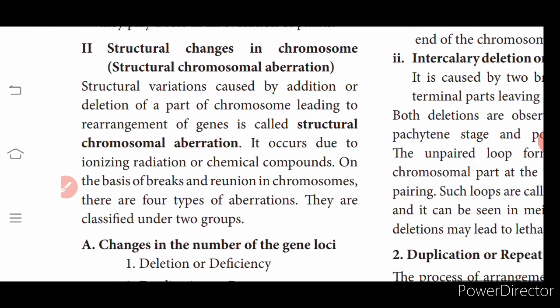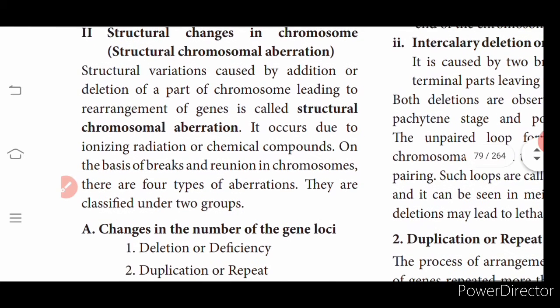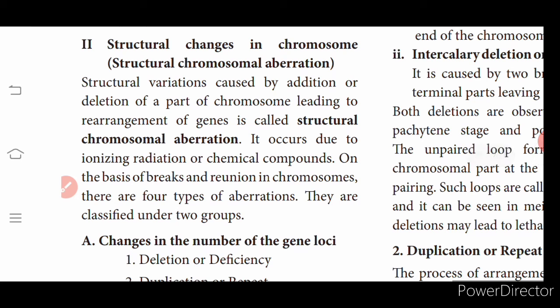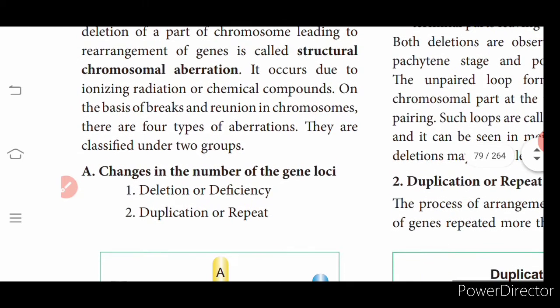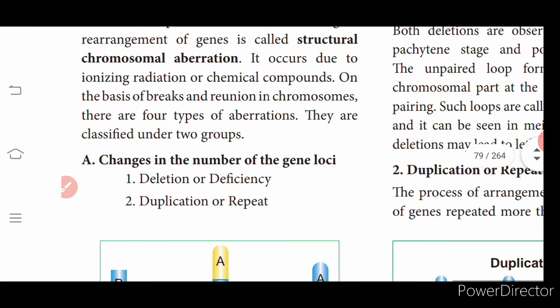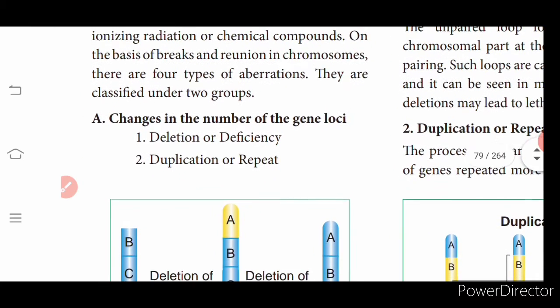Structural changes. The change in the chromosome structure is called chromosomal aberration. Structural variation caused by addition or deletion of a part of the chromosome, leading to rearrangement of genes, is called structural chromosomal aberration. It occurs due to ionizing radiation or chemical compounds.